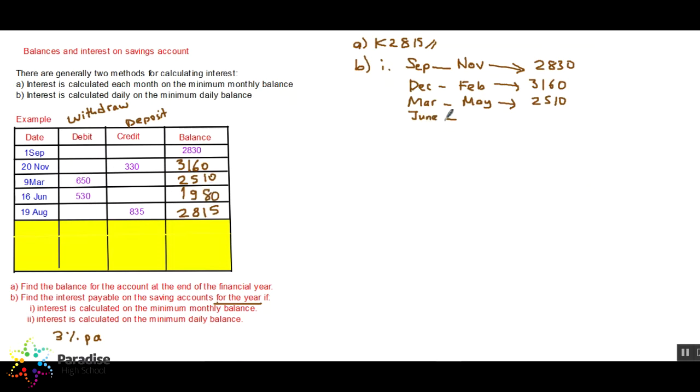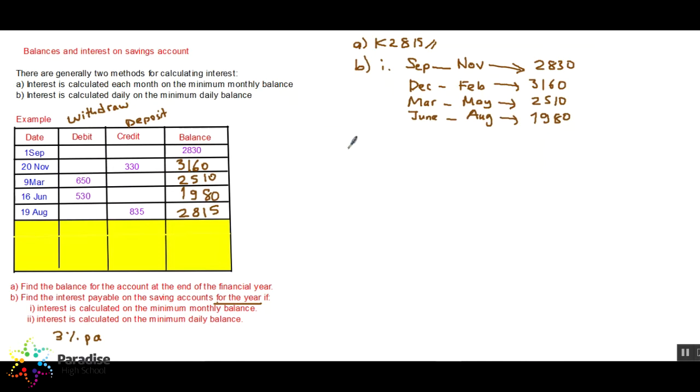It means that June to August, they will choose 1,980 as the capital. The 2,815 will not be taken into consideration because the whole year, September to August, is over.